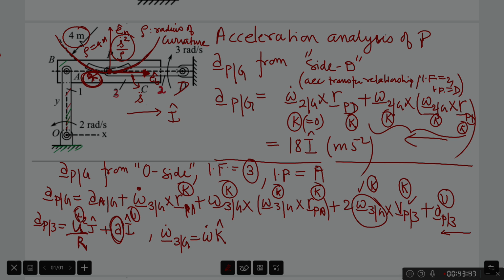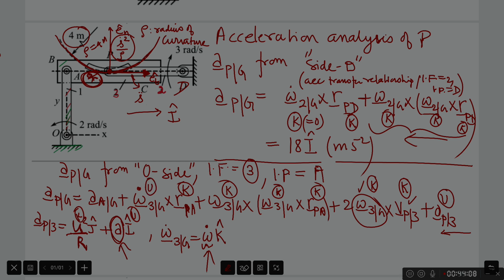It's a planar problem. The direction of omega dot 3g must be along k hat. Thus, I have introduced a second unknown now. The first scalar unknown was this, and the second scalar unknown I have introduced here. So, I still keep it as an unknown.